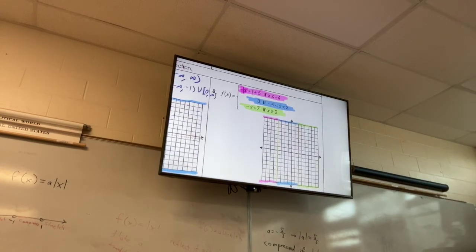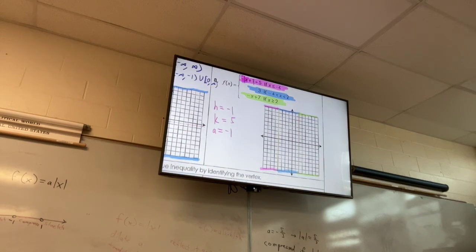Okay, so that's my absolute value function here. What's my h? -1. All right, my k is +5. My a is -1. So my vertex is going to be at -1, 5. The slope of the left is going to be +1, right?